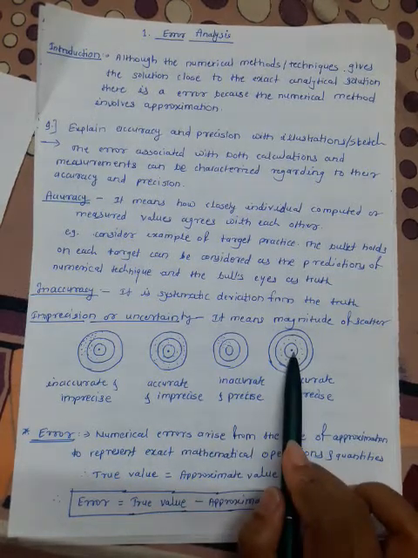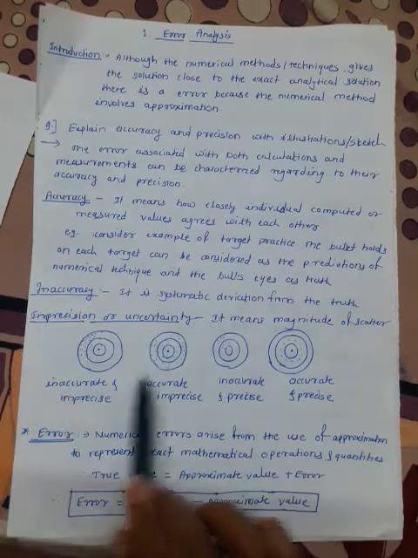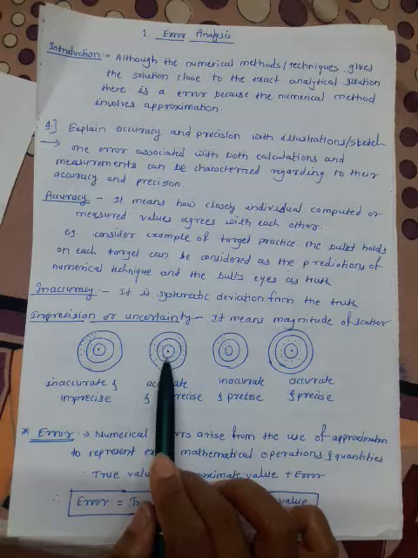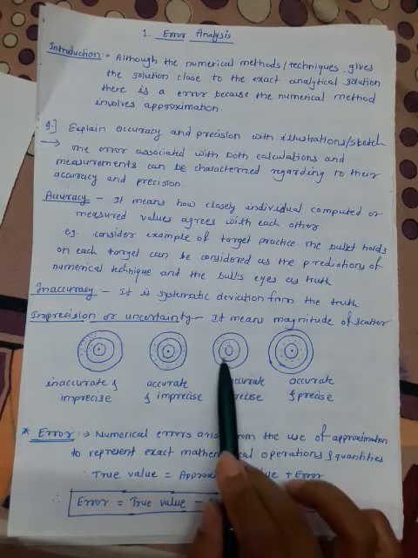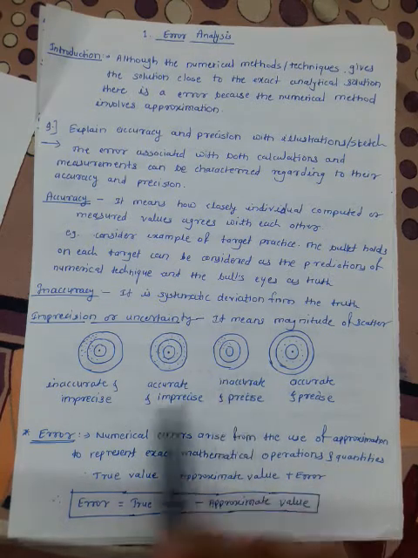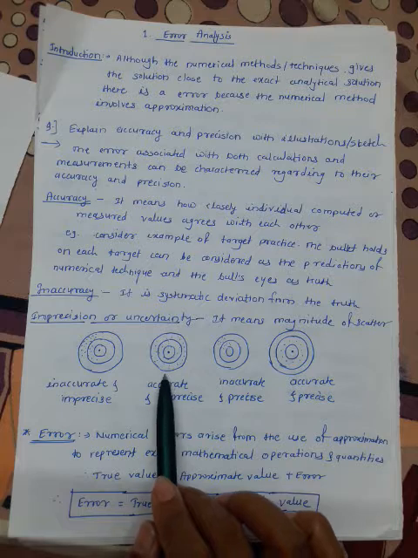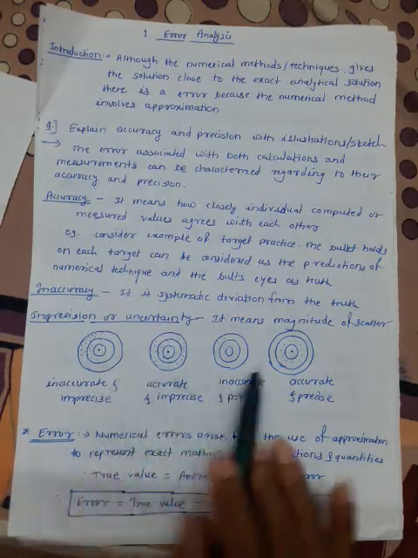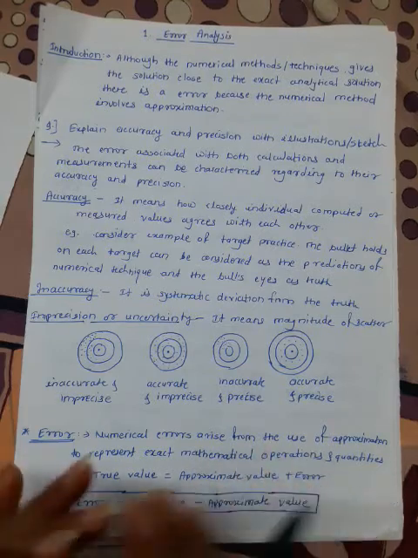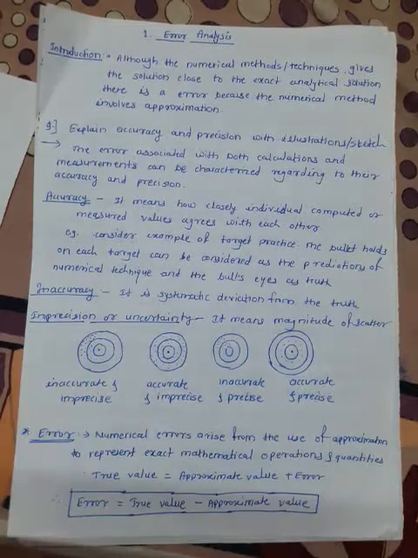In this example also, all points are equally close to the bullseye, but in these two examples, points are not close to our target. That's why these are precise hitting of the target, and these are imprecise hitting of our bullseye. This is the difference between accuracy and precision. It depends on how much the points are scattered around our target.